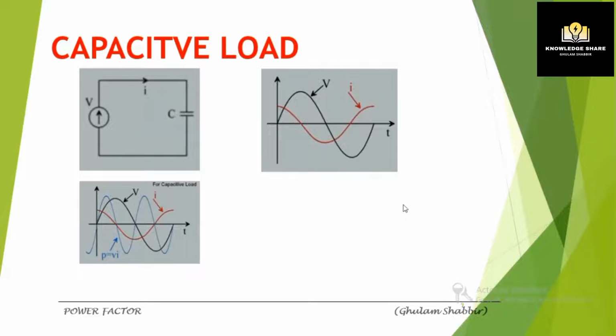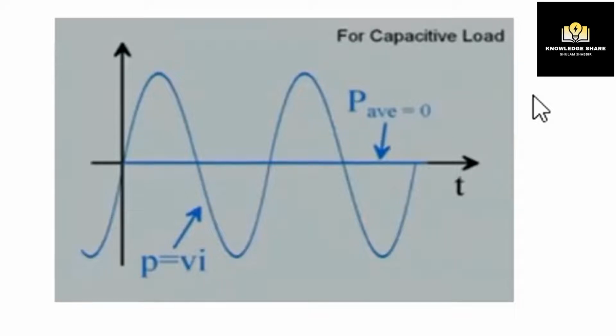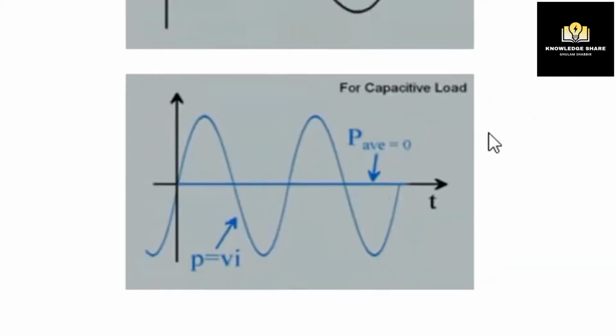In short, the power is also negative and positive, as shown. So what will be the average power? Removing the voltage and the current waveform and keeping just the power waveform, the average power value is exactly 0 for a true capacitive load.